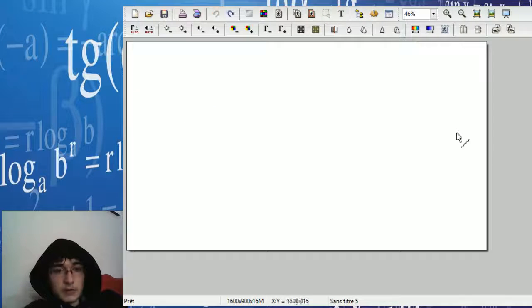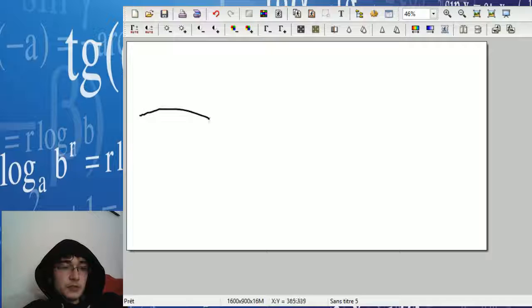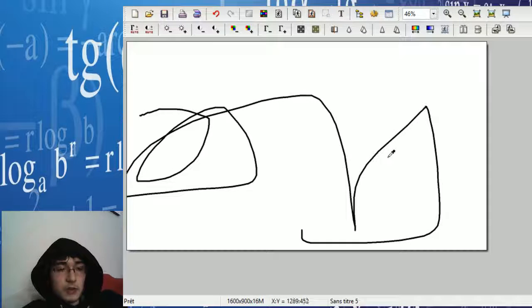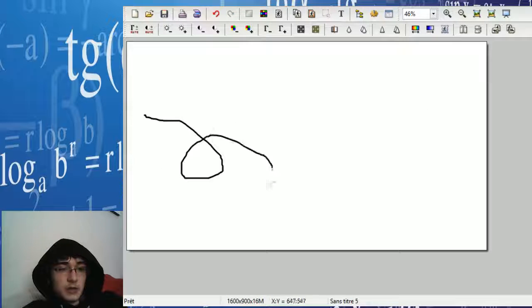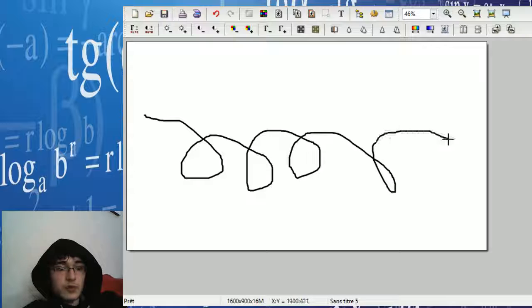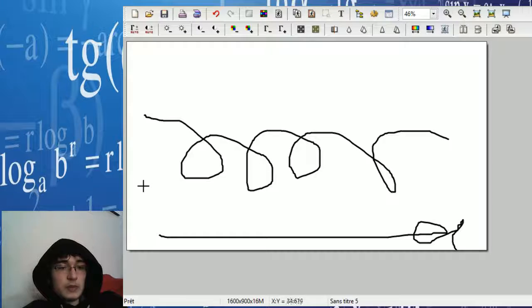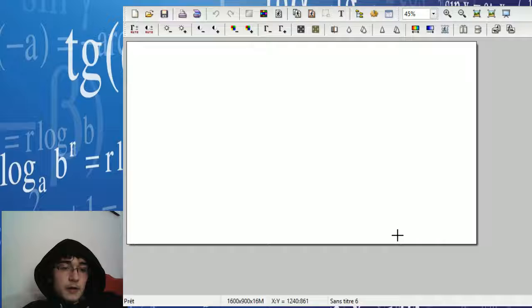It will start to do weird stuff like this. It will not be straight, and it will start to have rotations on it. It's what happens in planes, for example.